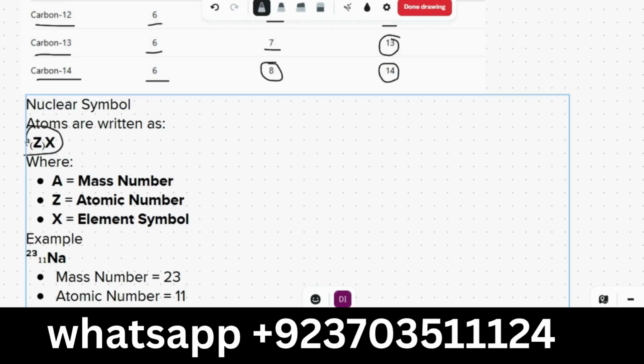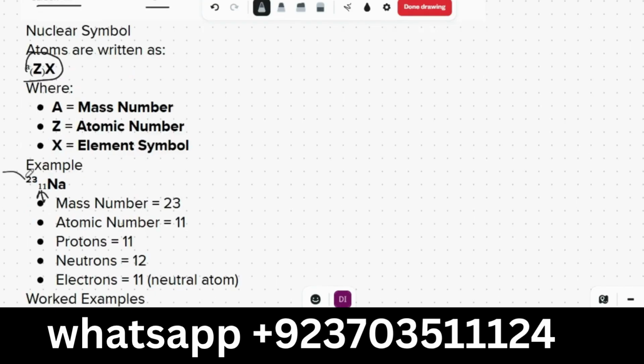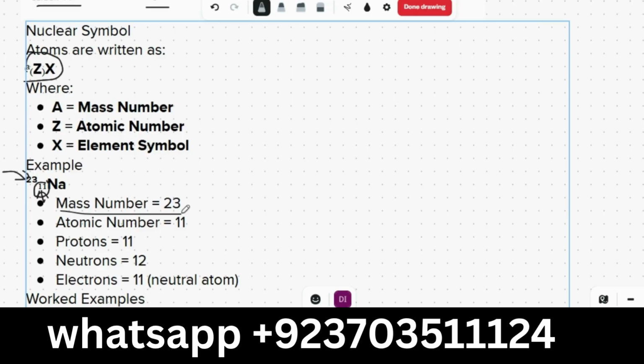A is the mass number, written on the top left of the symbol, whereas the atomic number is always written just below it. In this example the mass number is 23, and the atomic number is 11.